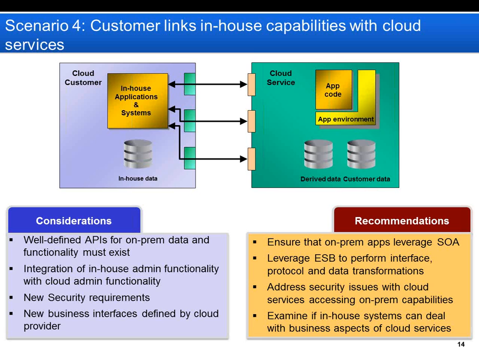And that's where problems can start, because it's often not the case that your in-house applications have been exposed in this way to something that's external. So that's one of the first considerations here, is you need to think about having or creating well-defined APIs for any on-premises data or on-premises functionality that are going to be needed by something that's running in the cloud service.